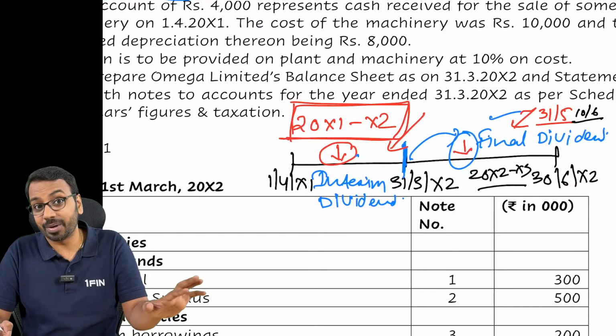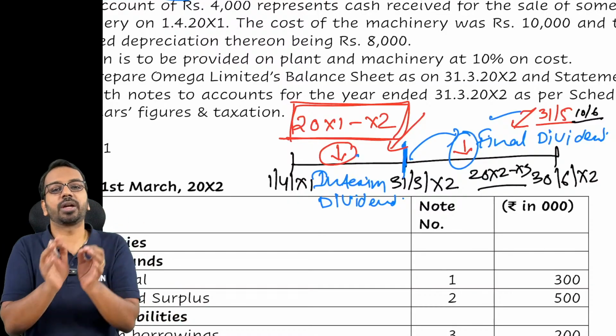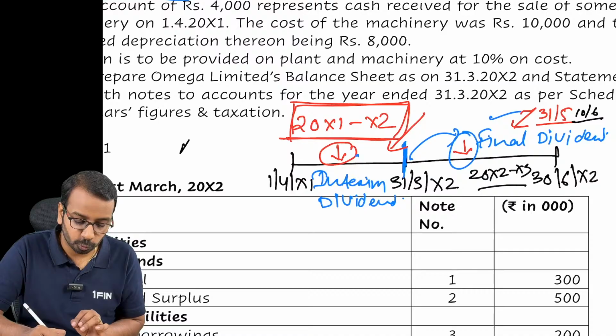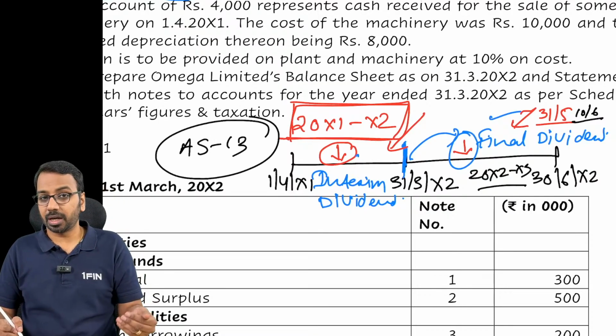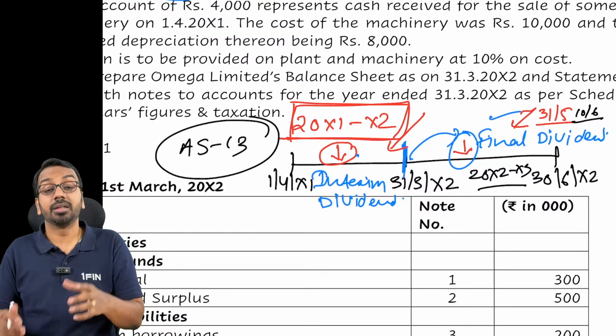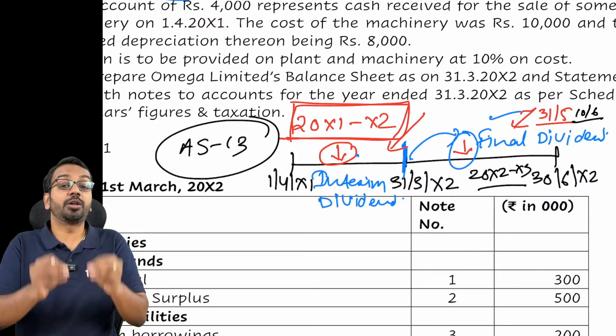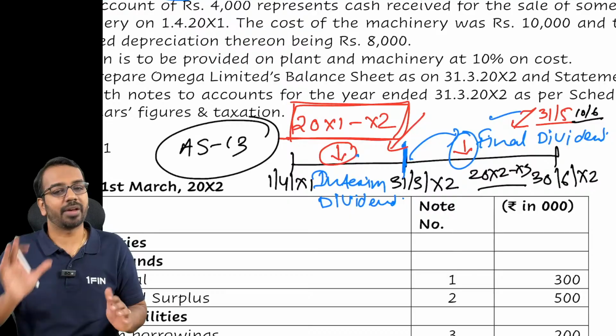So there is no requirement that I have to be a shareholder in the previous financial year to get the dividends. When we do accounting standard 13, please keep this point in mind. When we are doing investment accounting, there also I'll come to this in much more detail, but please understand, you don't need to be the shareholder in the previous financial year to receive the dividend of the previous financial year.